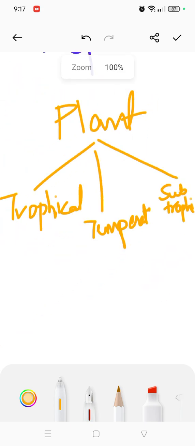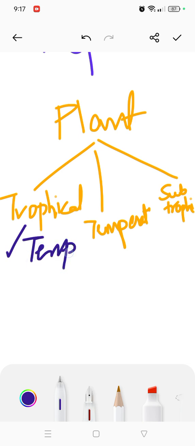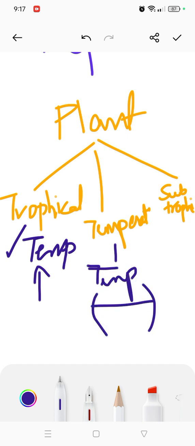So there's a difference. Tropical are those where they survive on high temperature, which means they need high temperature for their survival, whereas temperate is where temperature is average or normal.